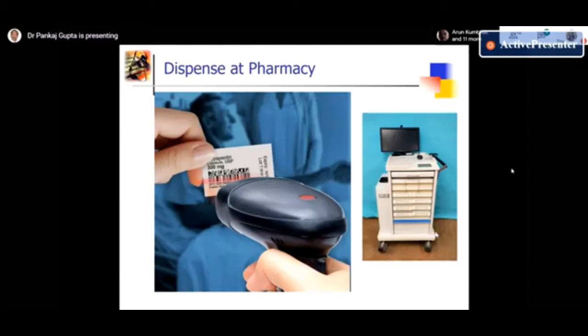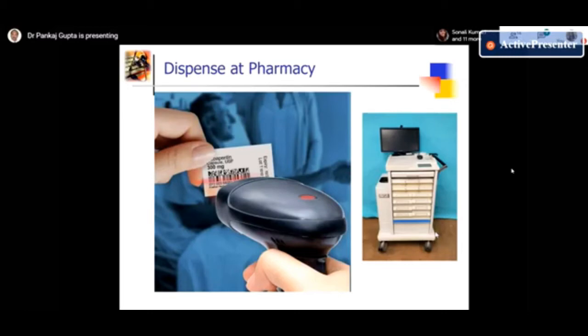This cart has all the configurations and is hooked to the same system. You can see that it's a computer on wheels, which knows which part of the cart is to go to which nursing station. It's completely labeled and numbered. So the cart is an intelligent cart. It knows which medicine is for which nursing station.